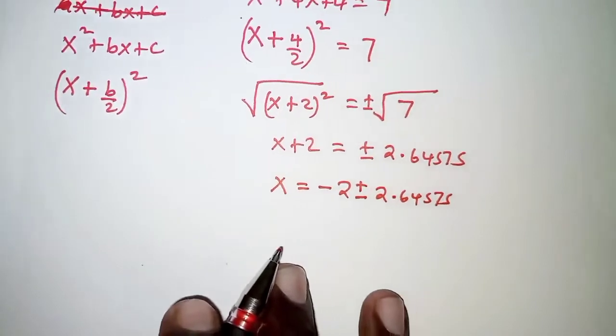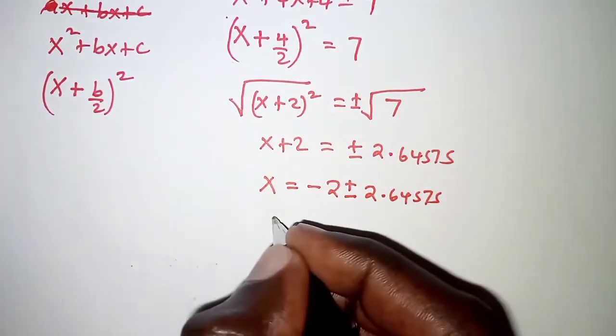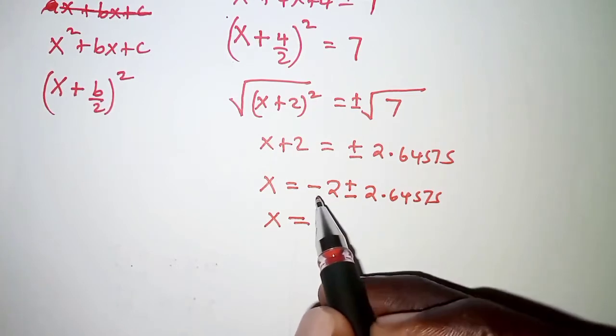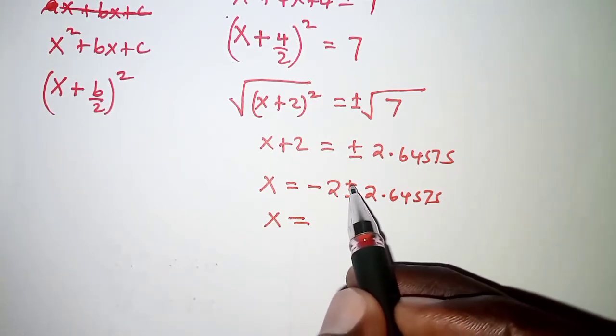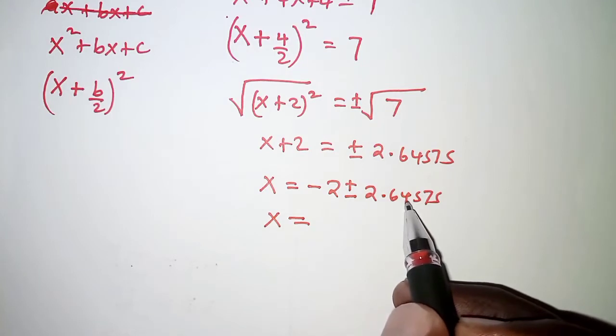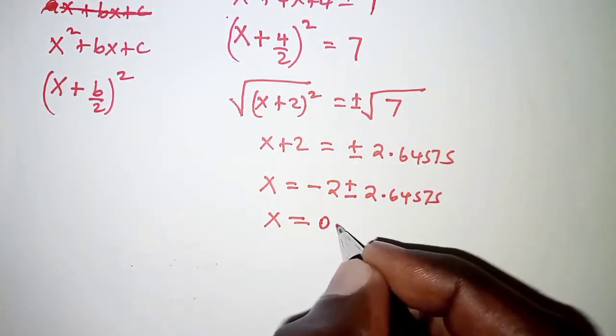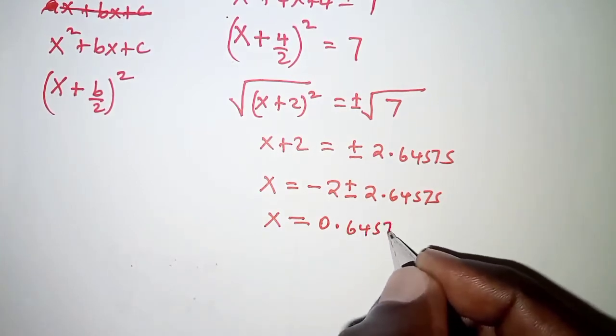Now with this we can get the values of x, and the first value of x we obtain by taking negative 2, add it to 2.64575, that will give us 0.64575.